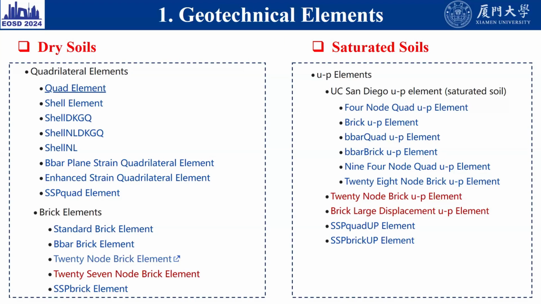We also have the 2D quadUP and the 3D brickUP. We also have higher order UP elements such as the 9-4 node quadUP and the 20-8 node brickUP. So we have so many UP elements.